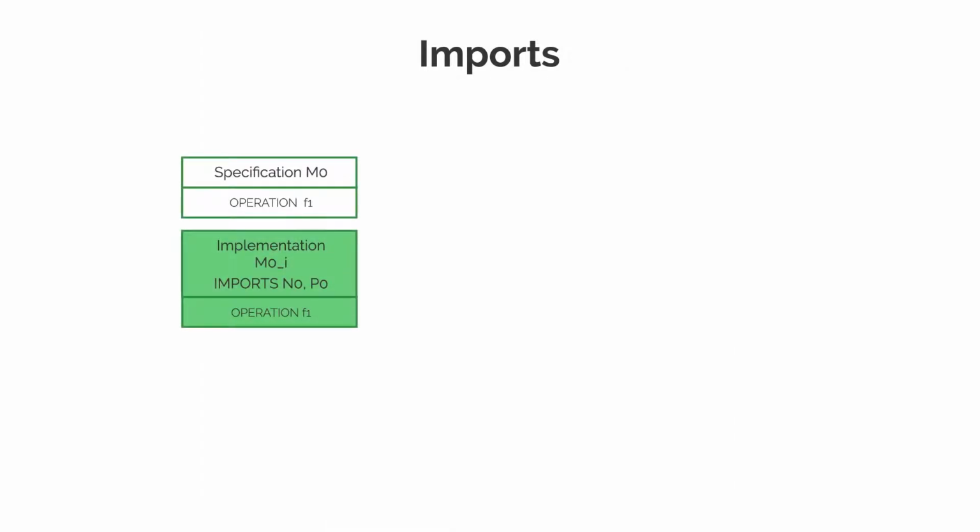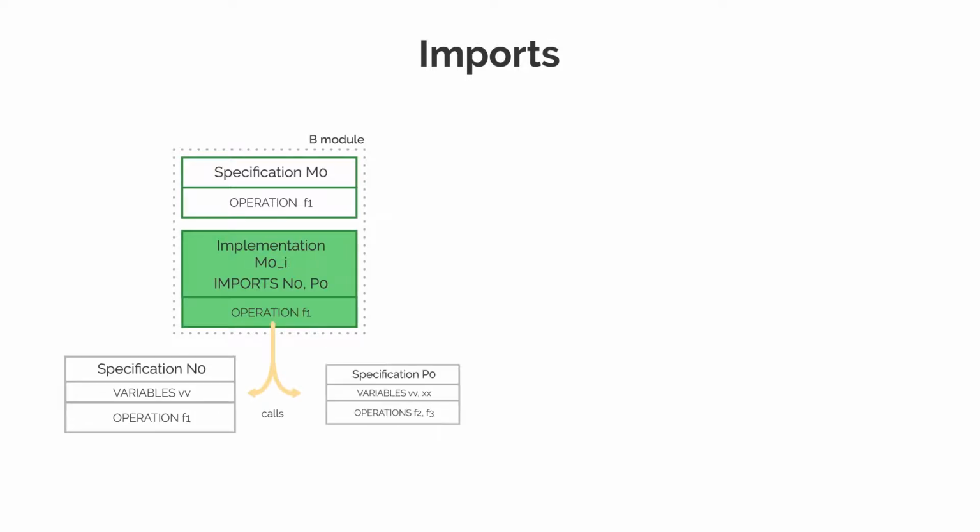Variables are implemented in one and only one component. Hence, it's not possible to import machines declaring the same variables. The solution is either to create components with independent variable sets or to regroup the imported components in a single one. In this example, the two machines N0 and P0 declare the same variable VV.